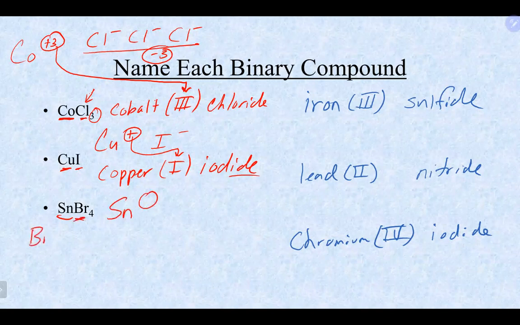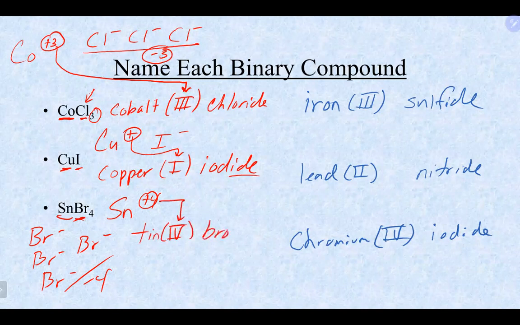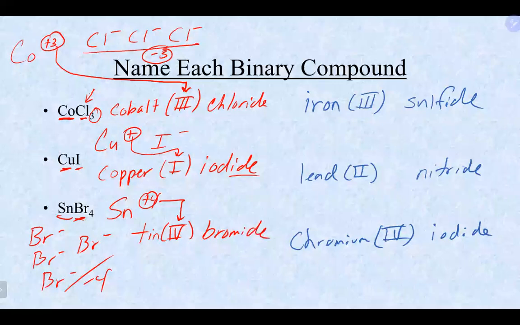That is group 7, and if it helps, you could just draw them all out. That is a -4, which means the tin is carrying a +4. Our name here would be tin Roman numeral 4 and bromide at the end. Any questions on any of those names?